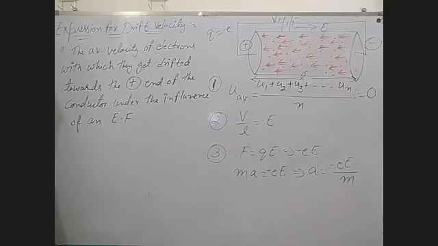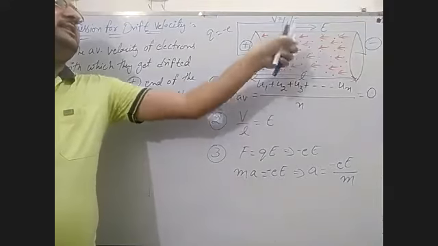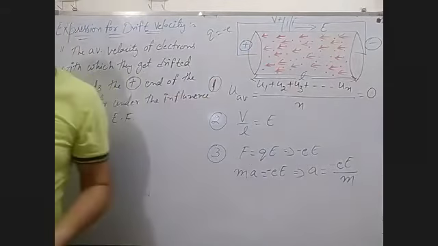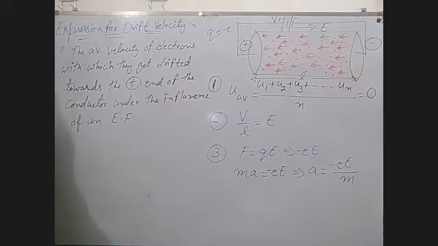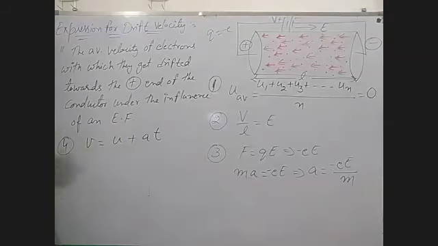Now equation of motion, because after applying the voltage, all these electrons are accelerated. All these electrons get accelerated, and for uniform acceleration, we have the relations by equations of motion. v is equal to u plus at. Okay. Now this is the last step for calculating drift velocity.